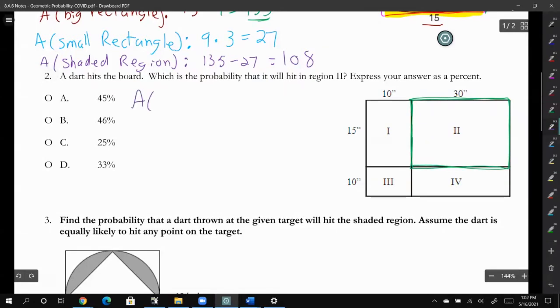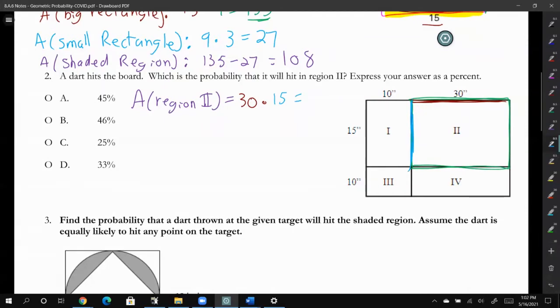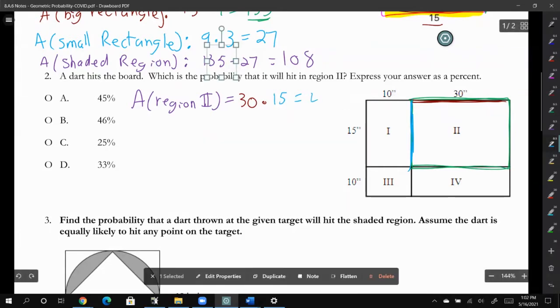The area of region 2 is going to be 30 times this right here, which is 15, this length right there. So the area of that is 450.